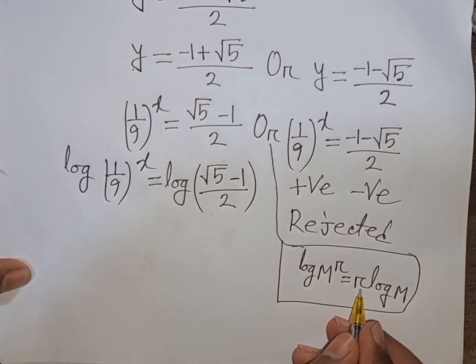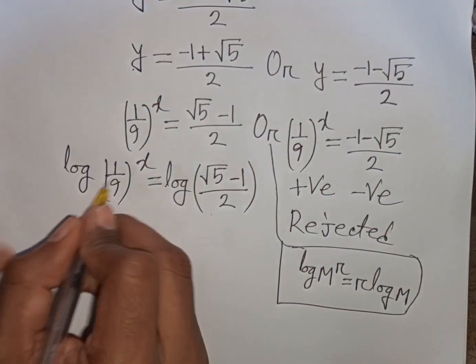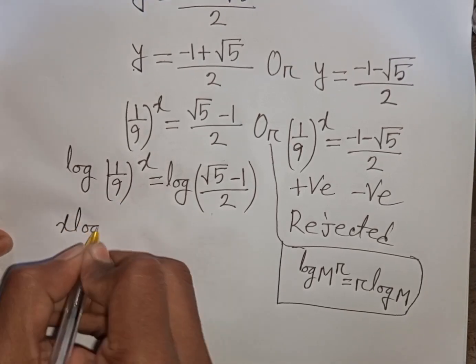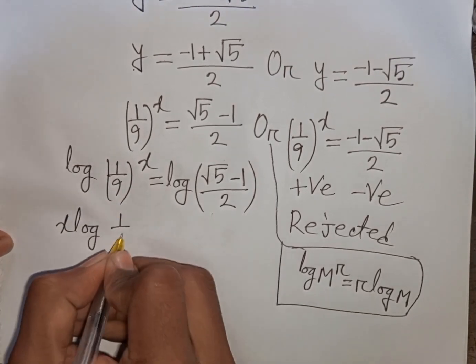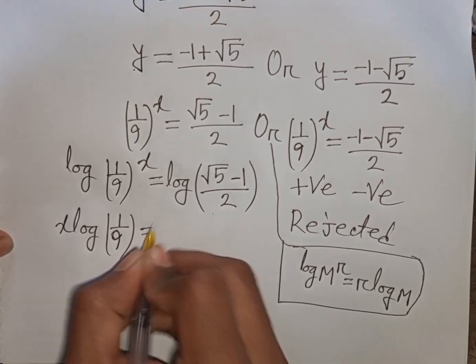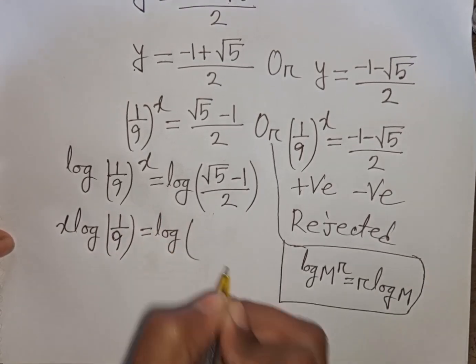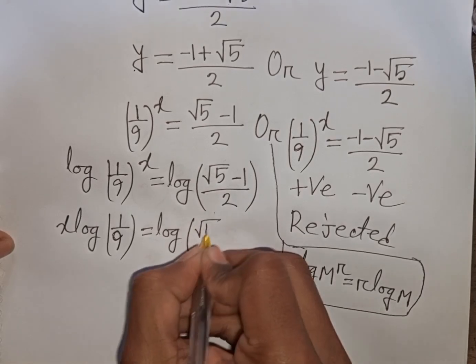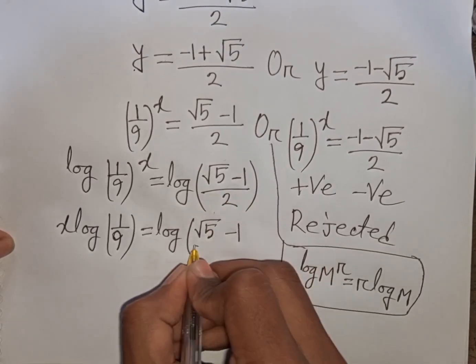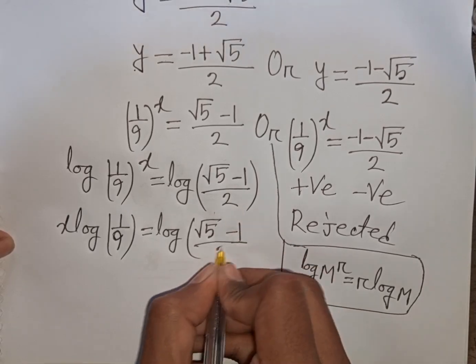That means this power moves to the base. So you can write x log 1/9 is equal to log of (square root of 5 minus 1) divided by 2.